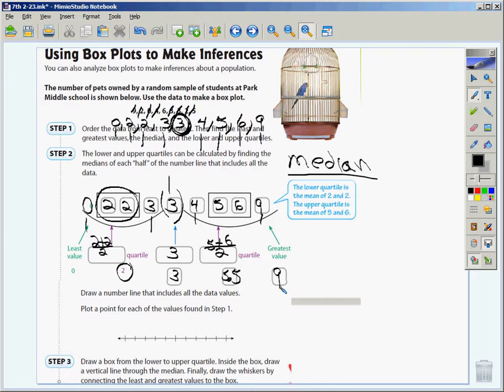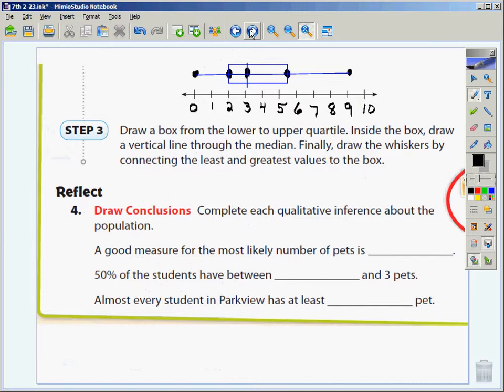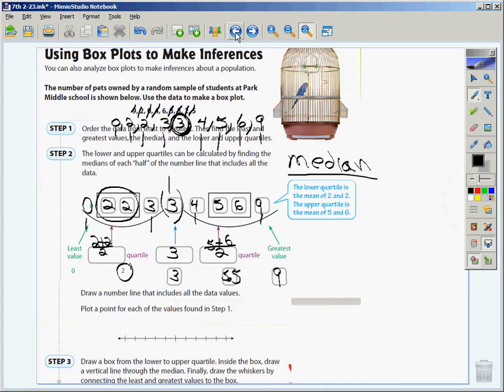Now, on your number line, you're going to number from at least 0, and since this one went up to 10, I labeled it all the way to 10. So, put the numbers 0 through 10. The numbers that we found, this 0, this 2, this 3, this 5.5, and this 9, are what outline my box and what's considered my whisker.